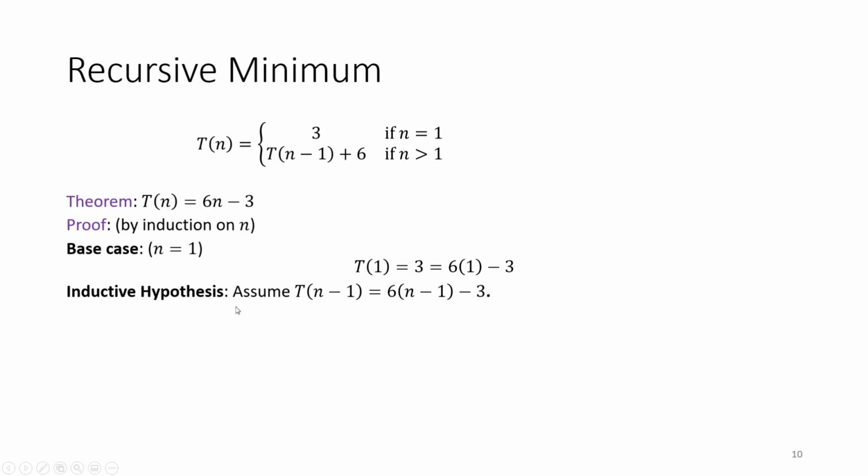Then what I'm going to do in my inductive step, or in my inductive case, is I'm going to talk about n itself, not n plus 1 like we had done in the past. Now, you can do this exact same proof as we had done in the past with n and n plus 1.